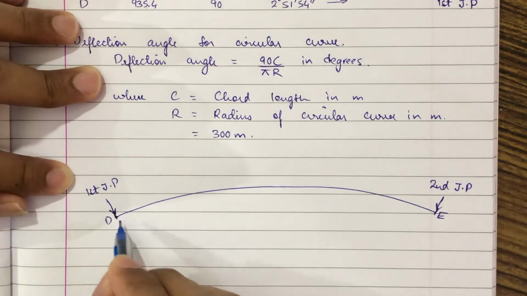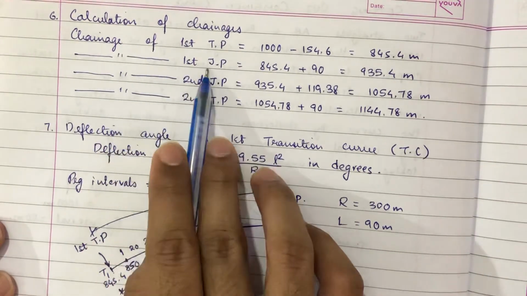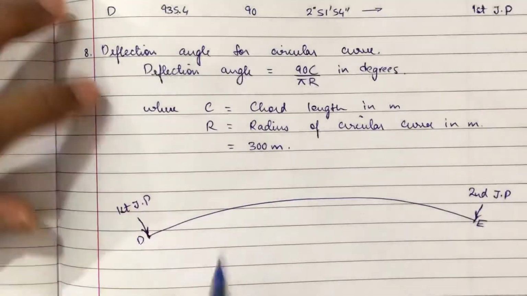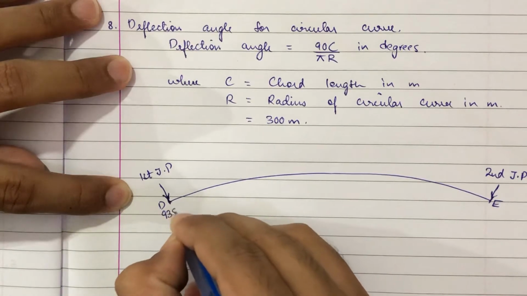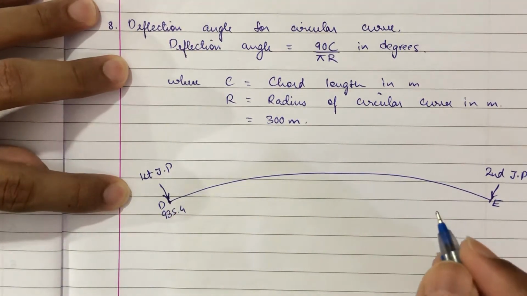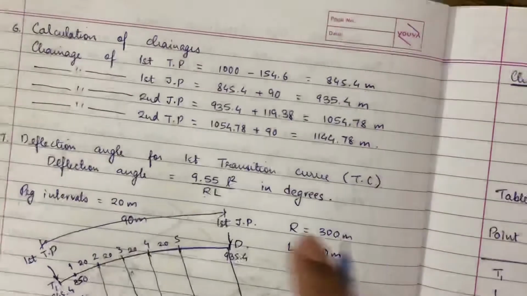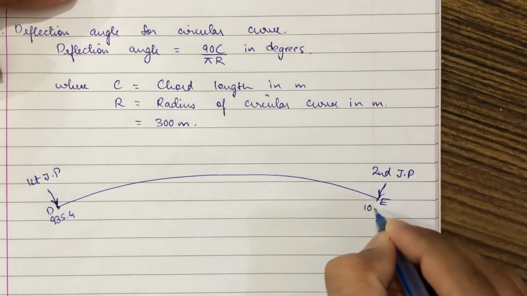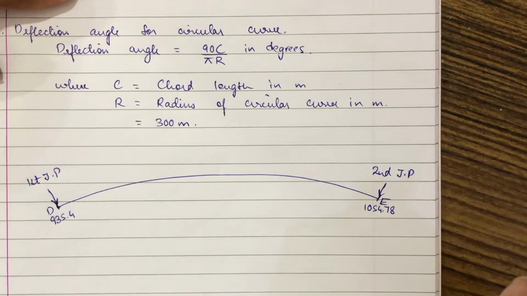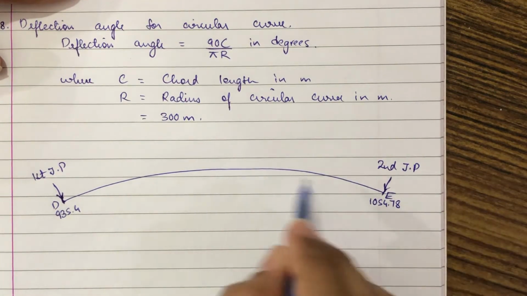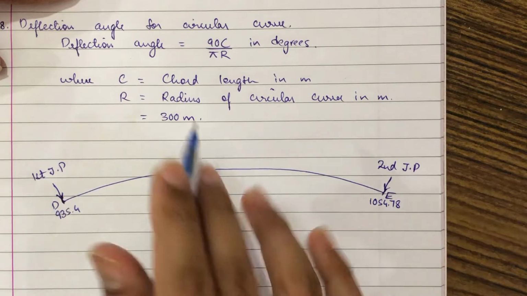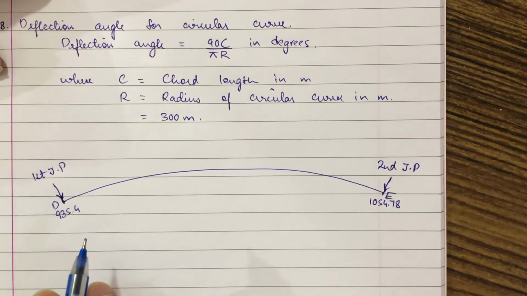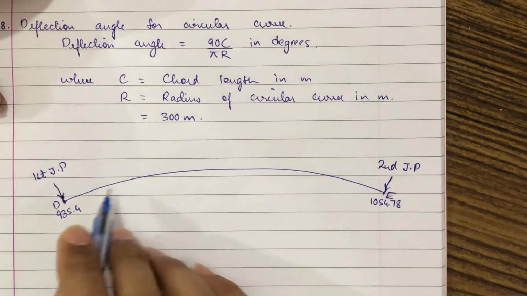Now the chainage of the first junction point is 935.4, and the chainage of the second junction point is 1054.78. Now how many points do we have to make so that we can find the deflection angles? We need to find some chords.